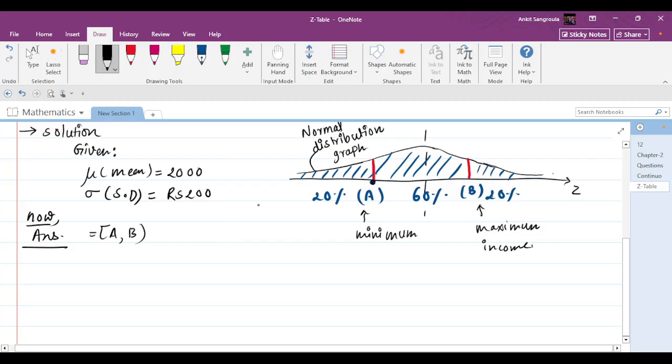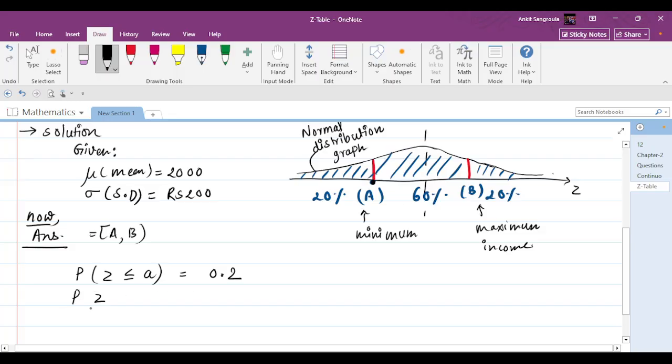So this point A can be represented by P(Z less than or equal to A), where A is the value of this point, and it's 20%, so the probability is 0.2.